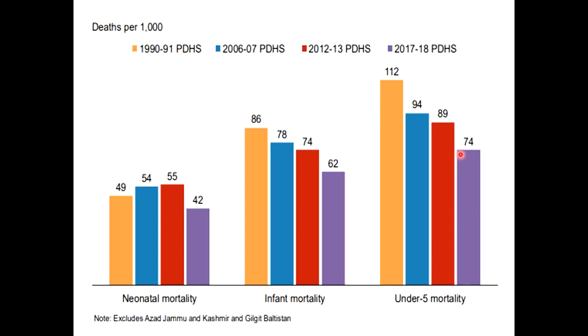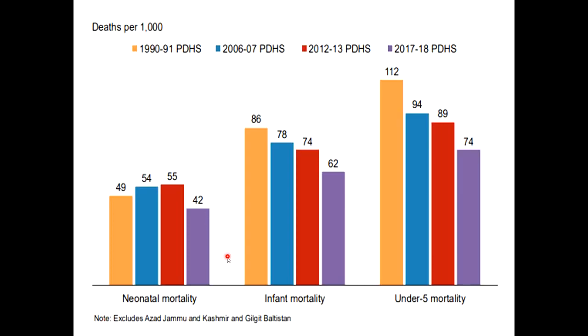But still, much focus should be targeted towards this region, where no major difference has been reported in neonatal mortality. In the early 1990s, the rate was 49 deaths per thousand live births, and today, in 2017 and 2018, the neonatal mortality rate is 42 per thousand live births.